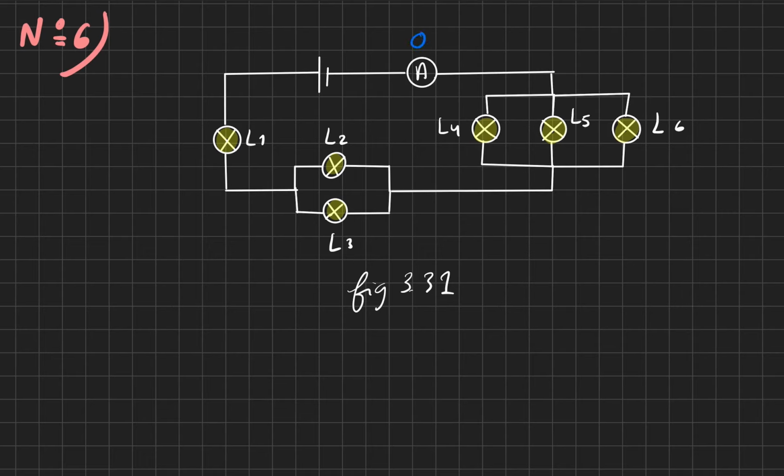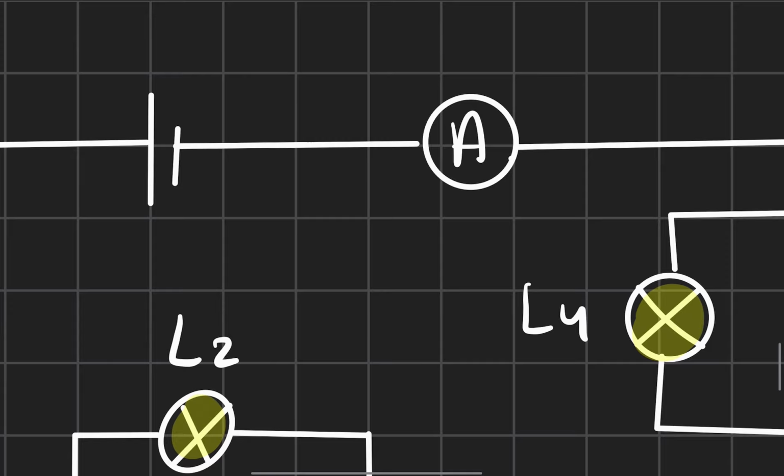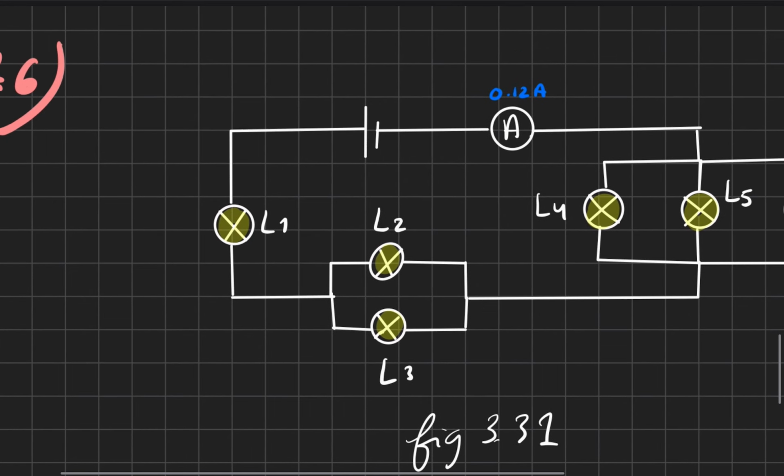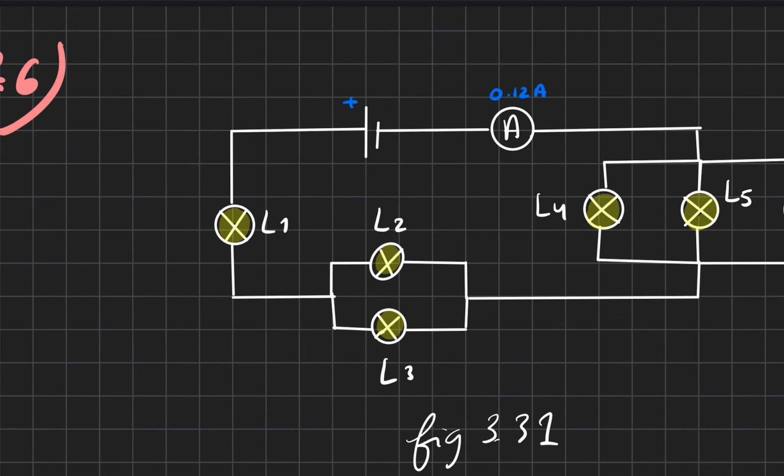And the ammeter indicates 0.12 ampere. This is what the ammeter reads. They're asking us to determine the current and the direction in each of the lamps.